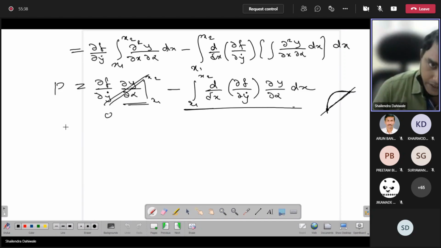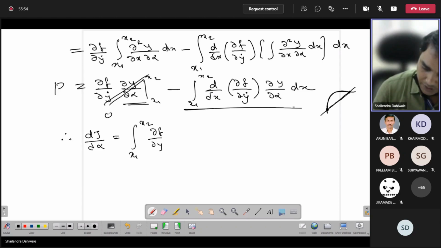So if I write, therefore, my dJ by d alpha would be integral x1 to x2 of del f by del y and del y by del alpha, and minus this term. So you have d/dx of del f by del y dot, del y by del alpha dx.